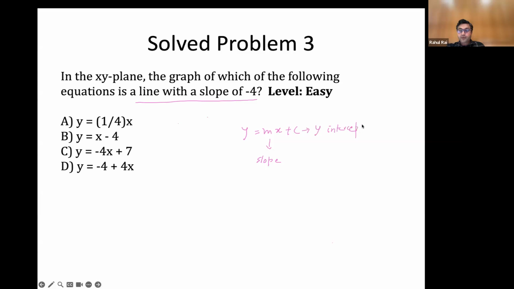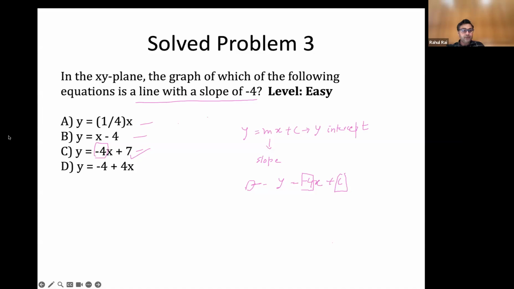So if a line has a slope of -4, it doesn't matter what is here. y will be here. So y is equal to -4x plus c will be the equation of that line, even if you don't know the value of this intercept. So if I'm looking at all the choices that we have here, the coefficient -4 is only there in this one. And that is what is going to be the equation of the line right here. Okay. So this is going to be the right choice for this overall problem.